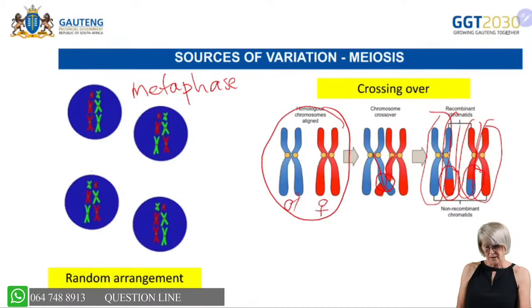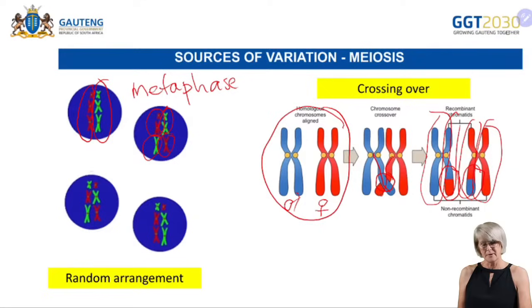The whole reason why it causes genetic variation is because if you have a look here, you can see in this diagram all the red chromosomes on one side and all the green ones on that side. But another possibility, the next time a meiosis occurs, we can have 2 red ones and 1 green one, and 2 green ones and 1 red one on that side.